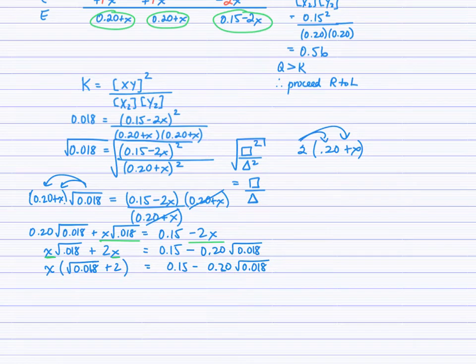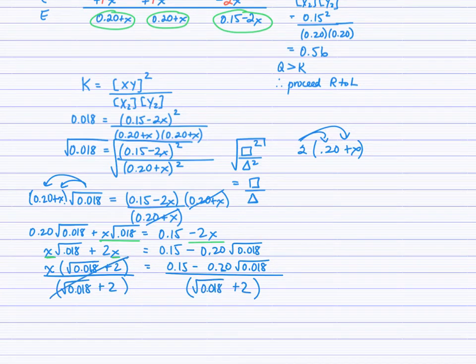Okay, so now I'm trying to get x by itself, and right now it's x times a number. That's really what square root of 0.018 plus 2 is. It's just a number. So I'm going to divide on both sides by what's in those brackets, the square root of 0.018 plus 2.